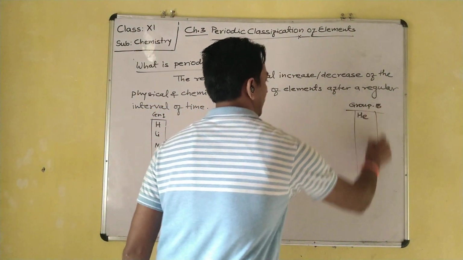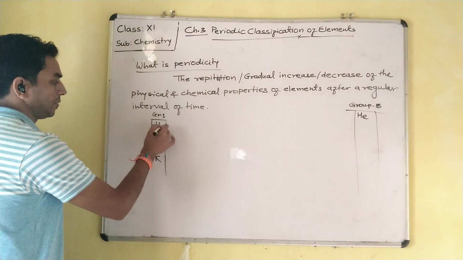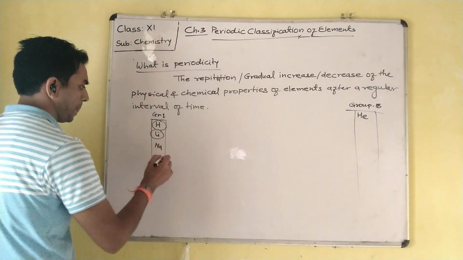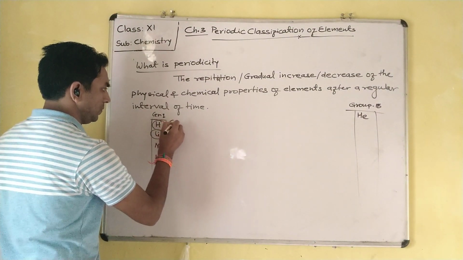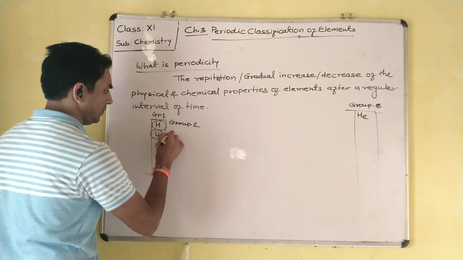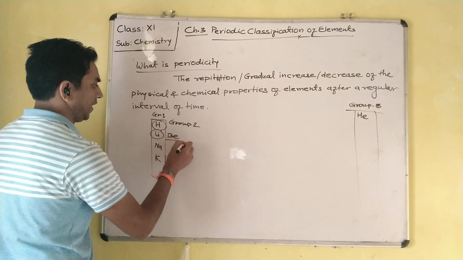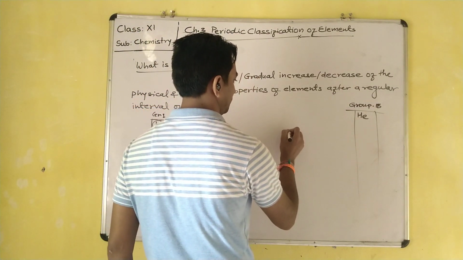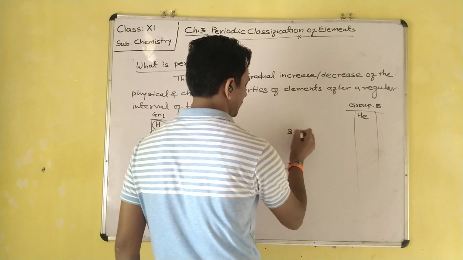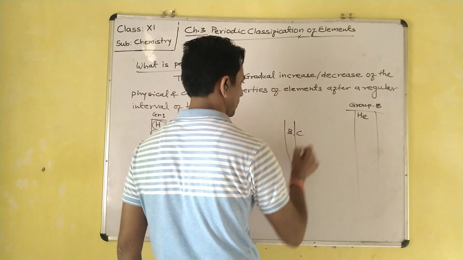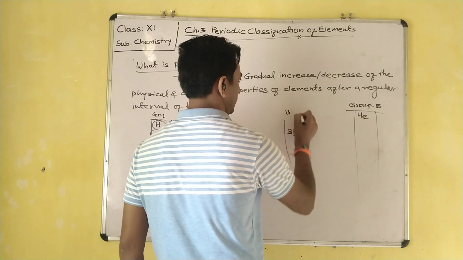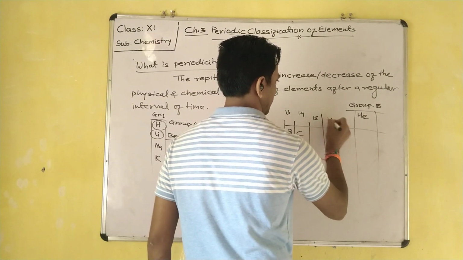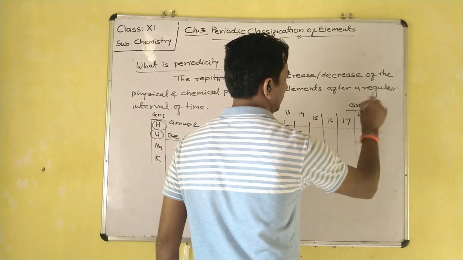Then lithium comes, whose properties are similar to hydrogen. After lithium comes beryllium, Be, in group number 2, then boron in group number 13, then carbon in group 14, then groups 15, 16, 17 and 18.